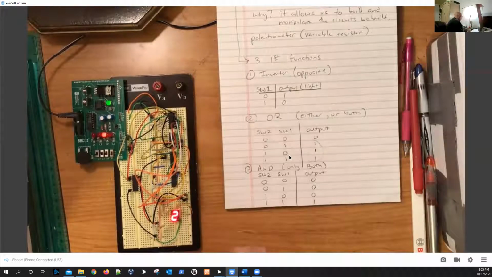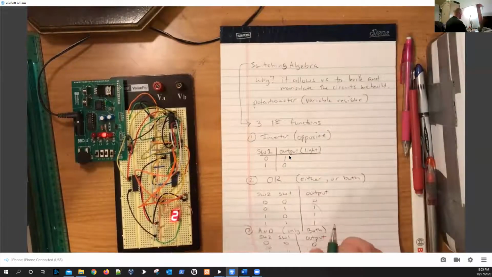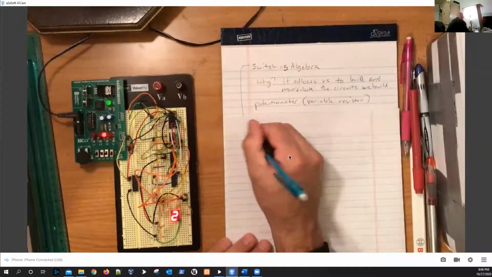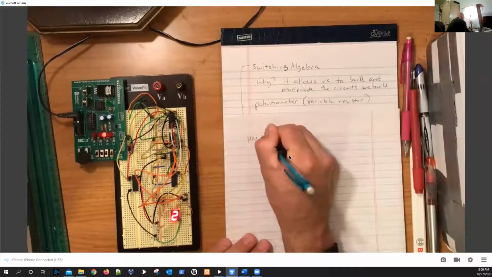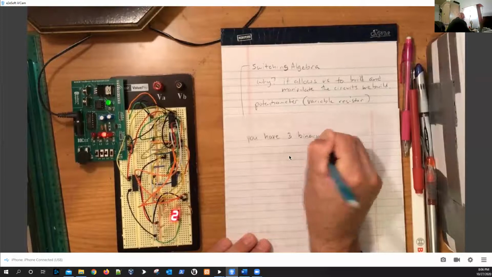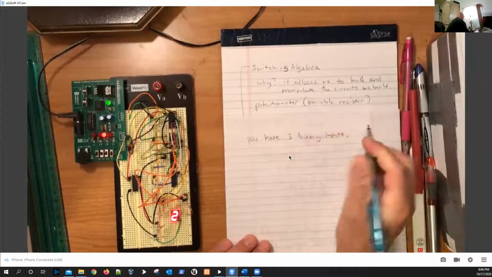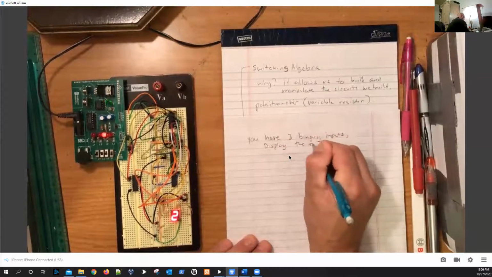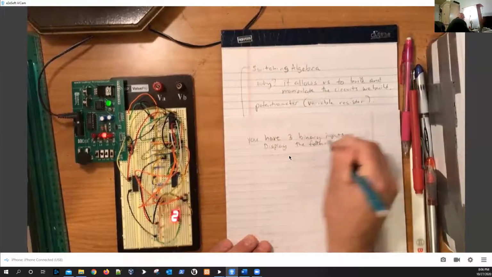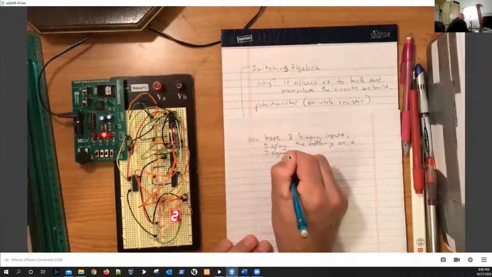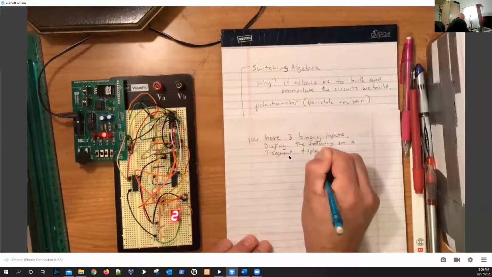The students are presented with a problem, and the problem with this lab that they were asked to solve was, in summary, you have 3 binary inputs, and you display the following on a 7-segment display.